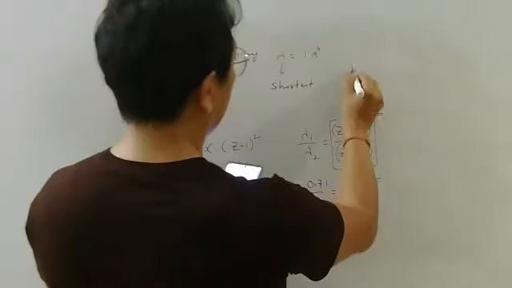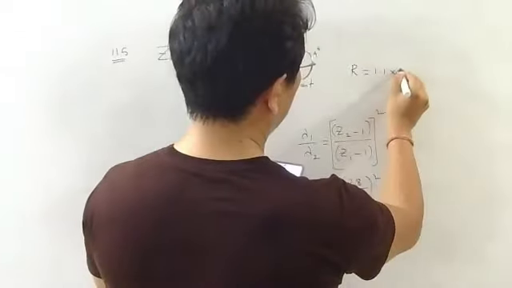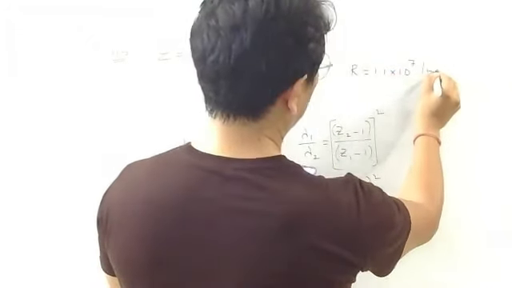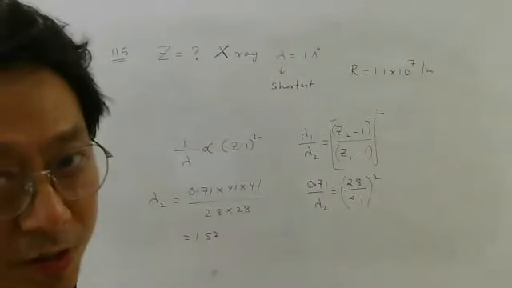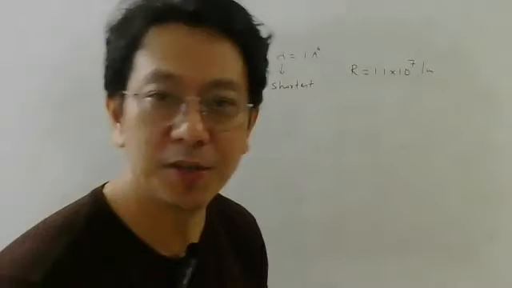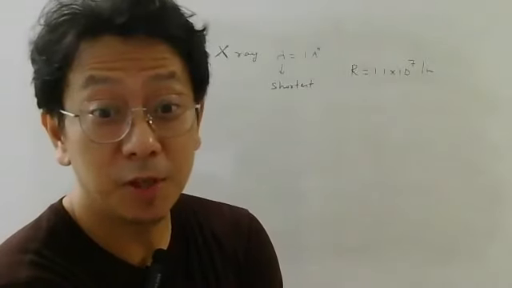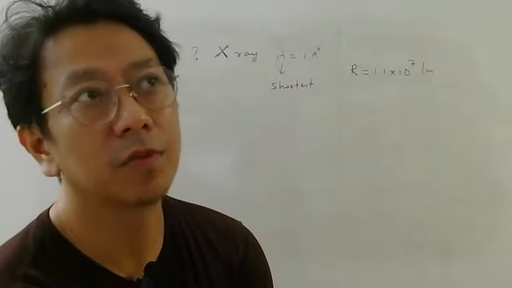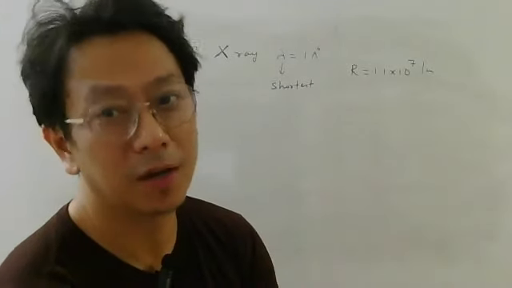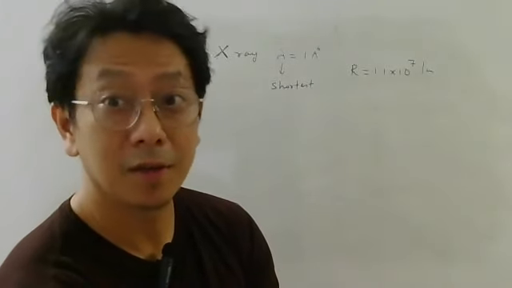R value they told us to take 1.1 into 10 power 7 per meter. Students, shortest lambda will come for what frequency? Maximum frequency. And maximum frequency will happen when the transition is from infinity to 1. Correct?